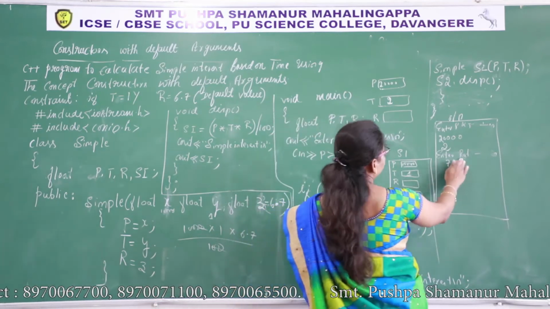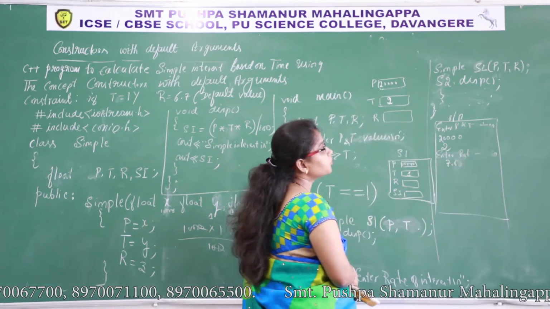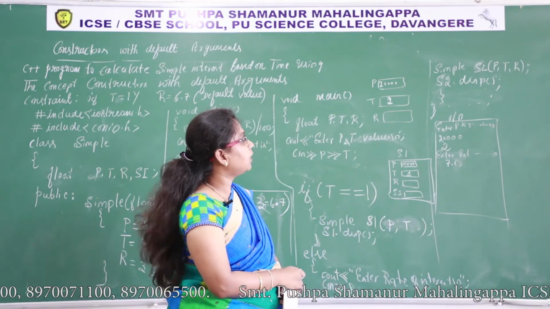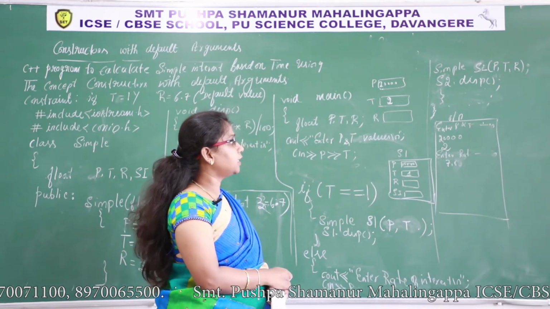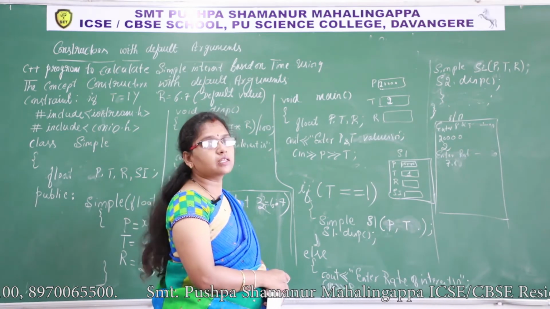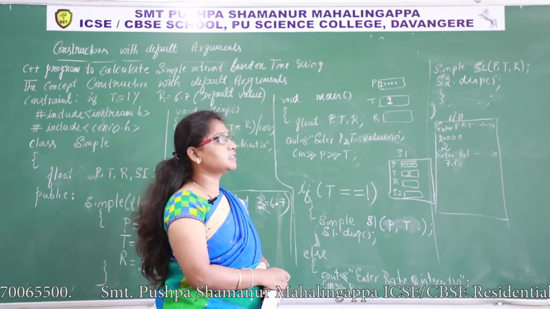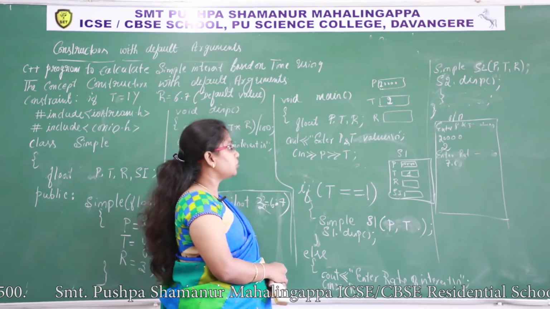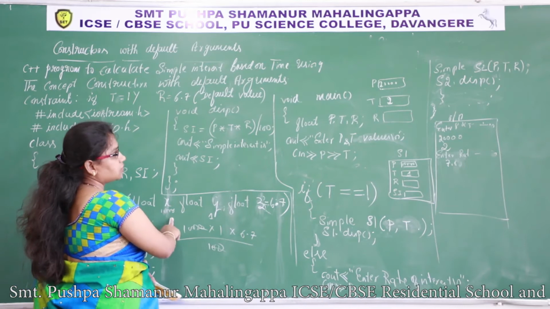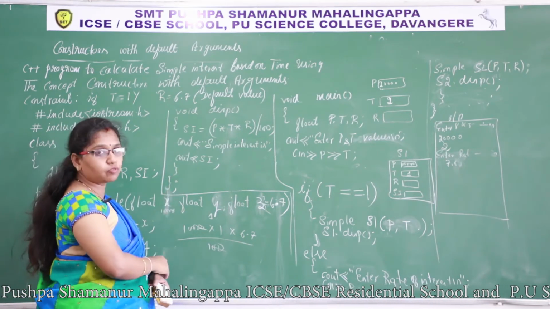After that is the statement, object creation having 3 arguments p, t and r. Because the user has given the r value, I have to pass this r value explicitly.